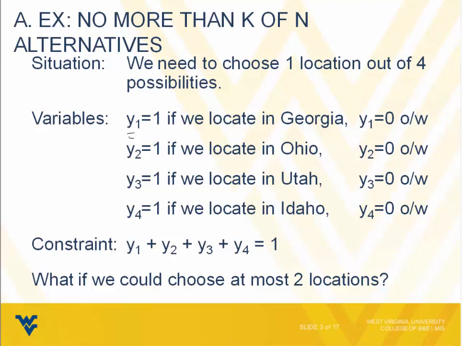So y1 is equal to 1 if we locate in Georgia. So what is the condition if that statement is true? We locate in Georgia. Then it's true. 0 otherwise, it's false otherwise. So that's the general structure of defining any decision variable that is binary. So we're always going to follow this structure. The decision variable is equal to 1, and the condition that makes it true, 0 otherwise. So this simply means otherwise.